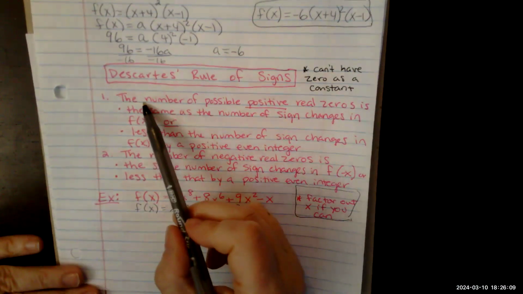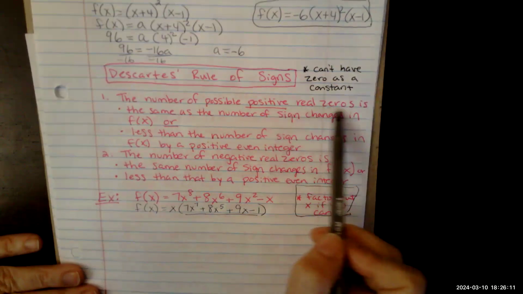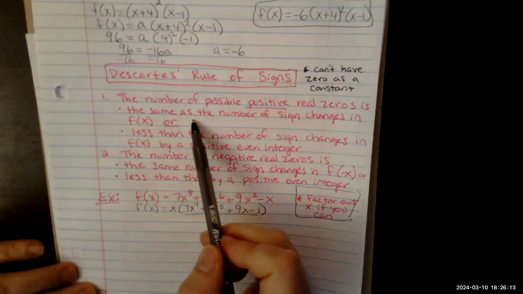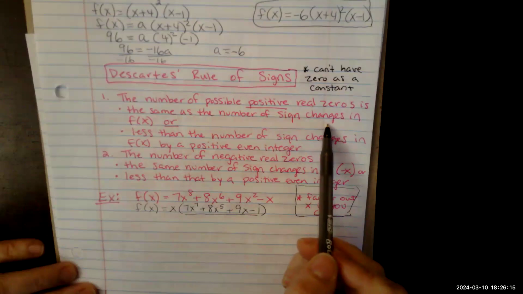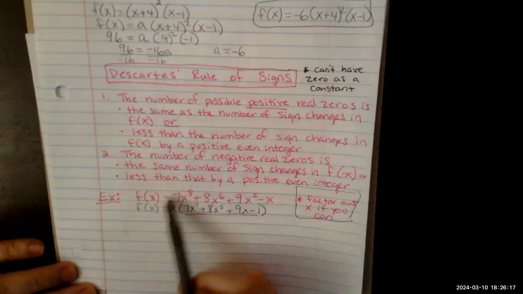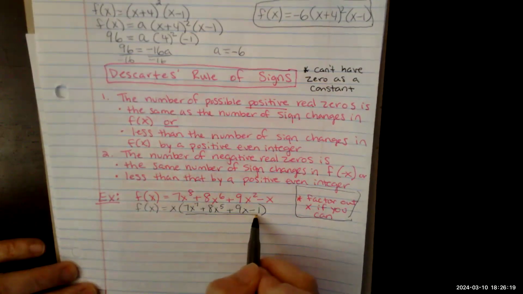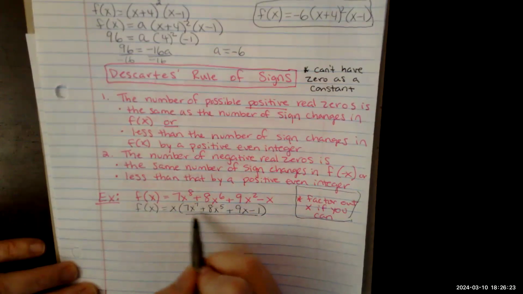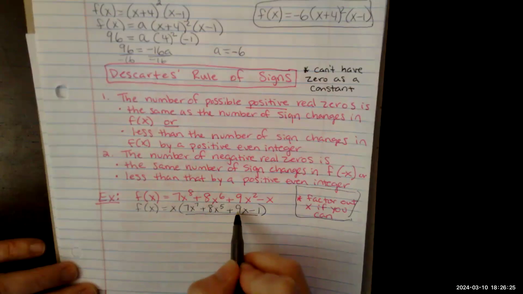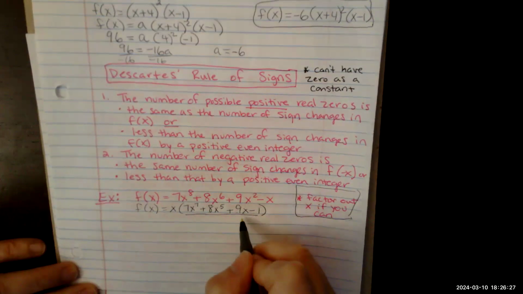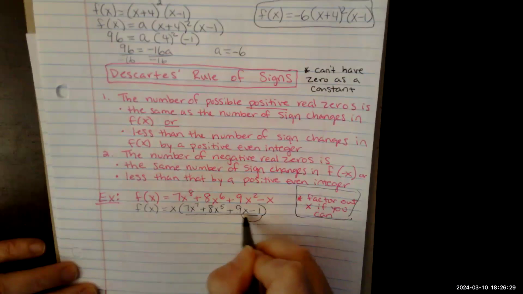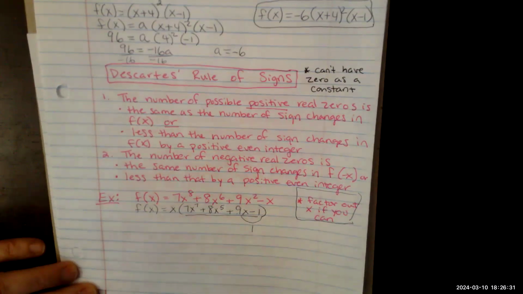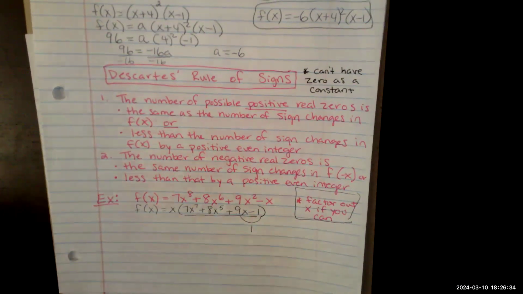So what it's saying is the number of possible positive zeros is the same number as the number of sign changes in f of x. Well, here's my f of x. I'm focusing on this part. What does a sign change mean? Well, this is positive, and this is positive, and this is positive, but that's negative. So this is the first time we had a sign change. So there is one sign change.